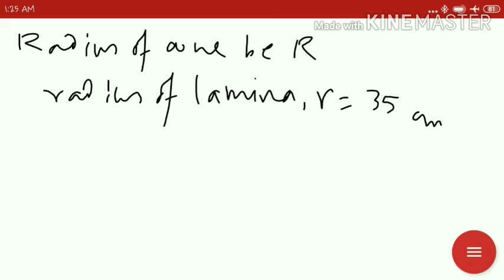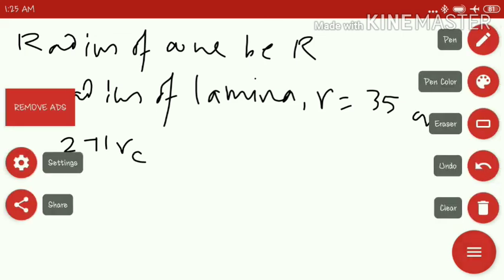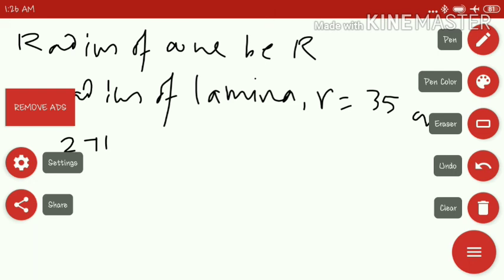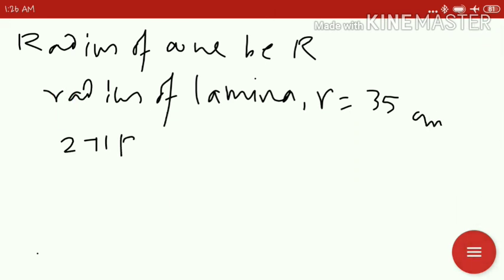So the perimeter of the base that I am taking, that is 2 pi R, capital R obviously. So this 2 pi R must be equal to pi r, which is the circumference of the lamina. Because in the complete circle we use the circumference as 2 pi r. As it is a semicircle, 2 pi r by 2 will be cancelled out, so it will be pi r. So now you can see that from both sides pi will be cancelled out. So 2 capital R equals small r.